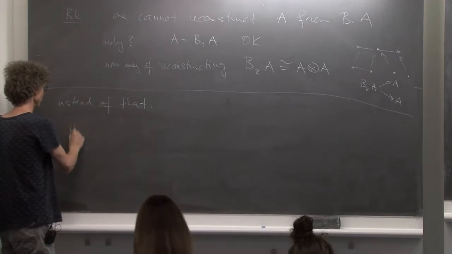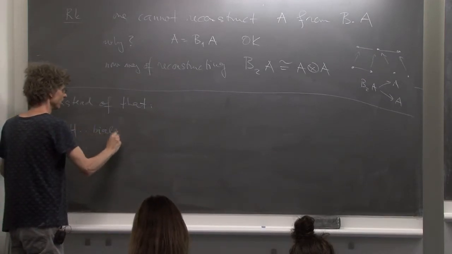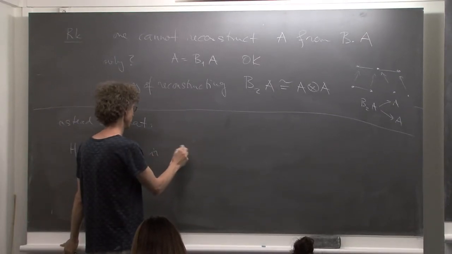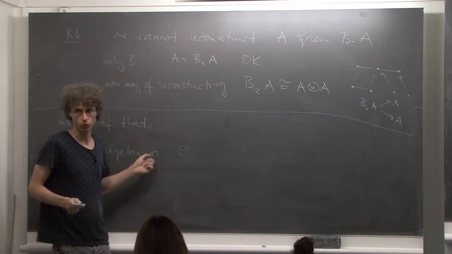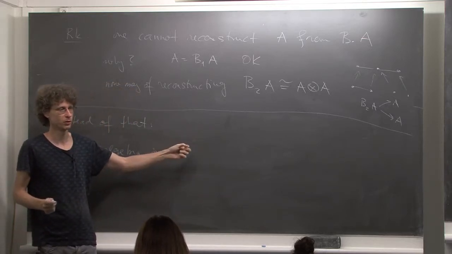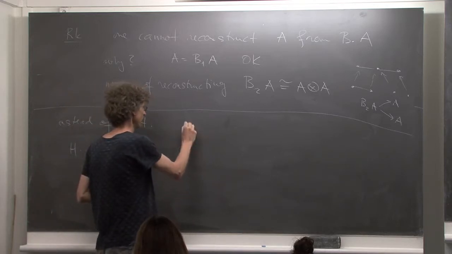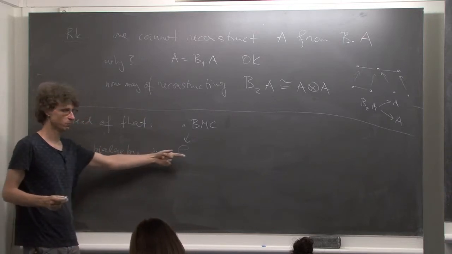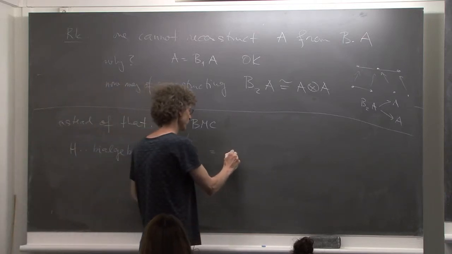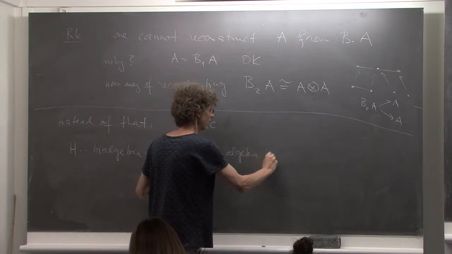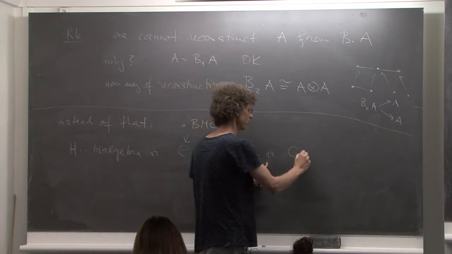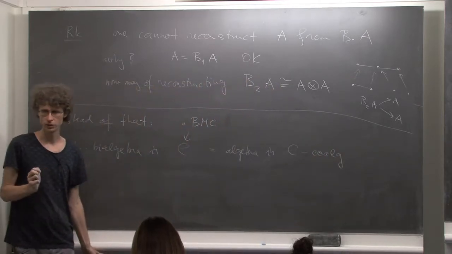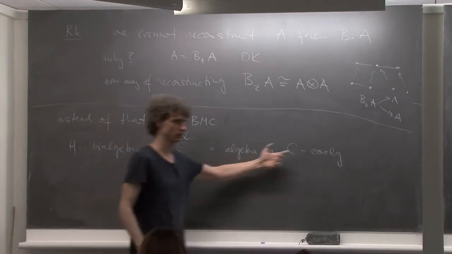We take an H, which is a bialgebra in C, and now C, to even be able to talk about bialgebras, has to be a braided monoidal category. A bialgebra in C is the same as an algebra in the category of C coalgebras, which is a monoidal category.